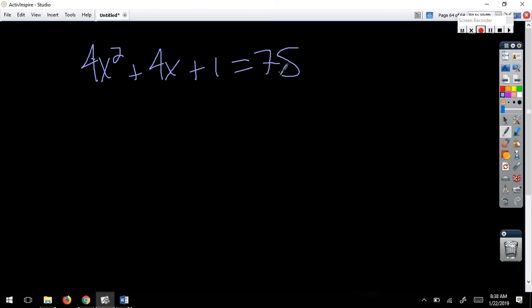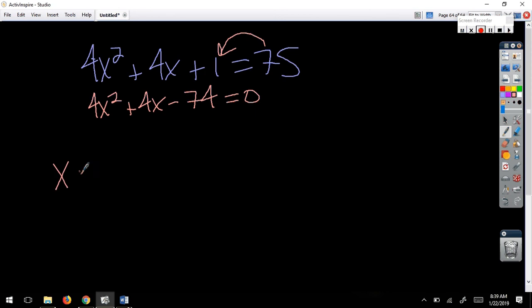So the first thing I need to do is make it equal 0. So 4x squared plus 4x minus 74, yuck, equals 0. To solve this, I just need to plug in a, b, and c.